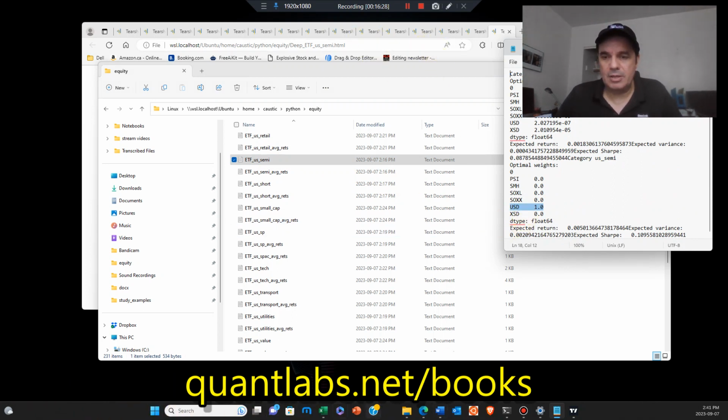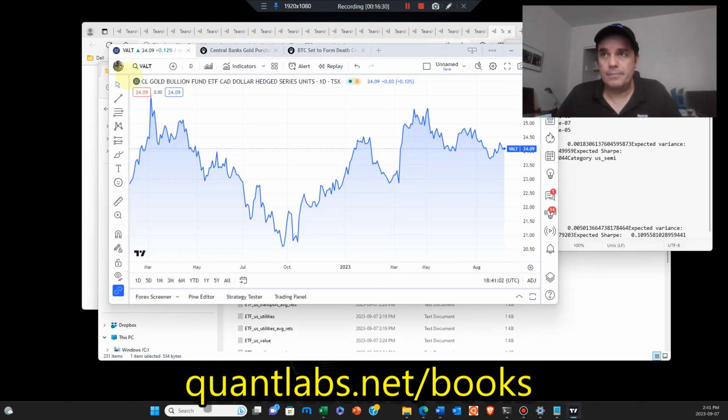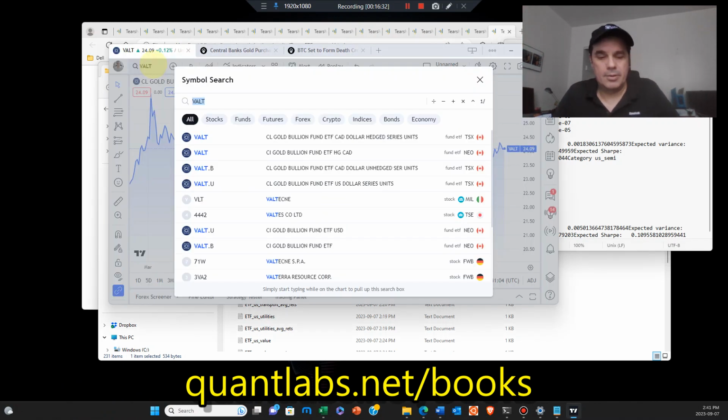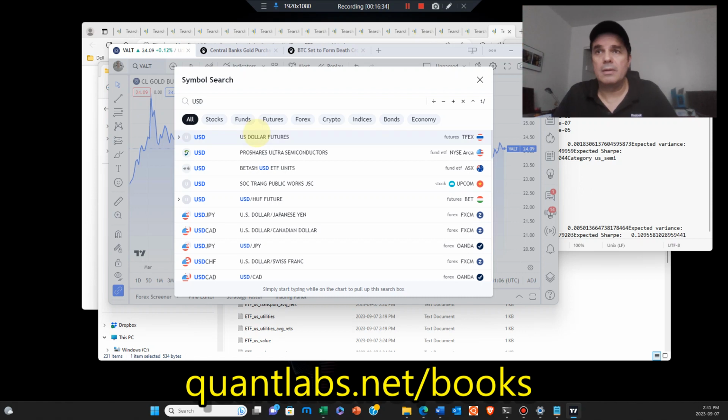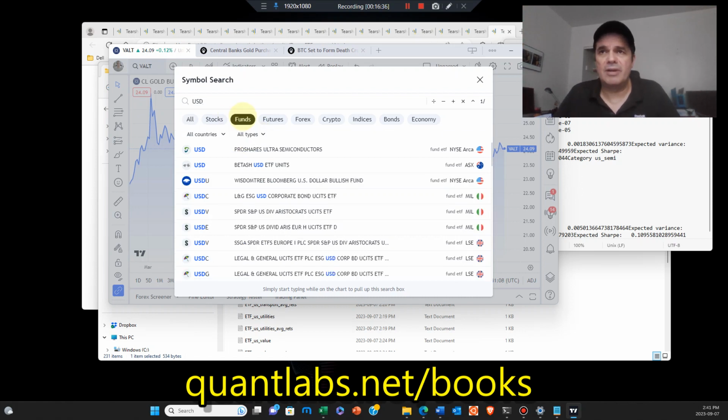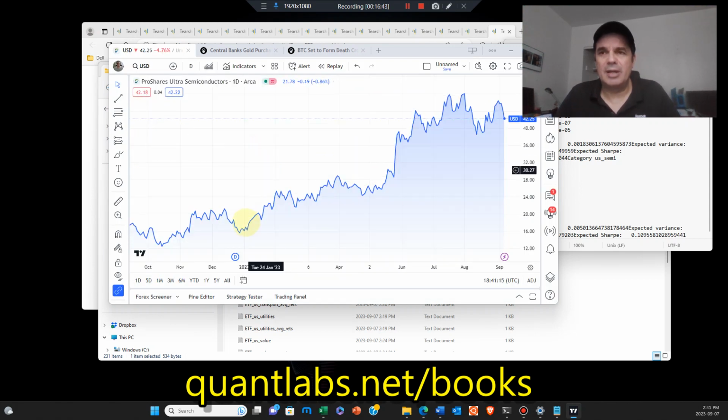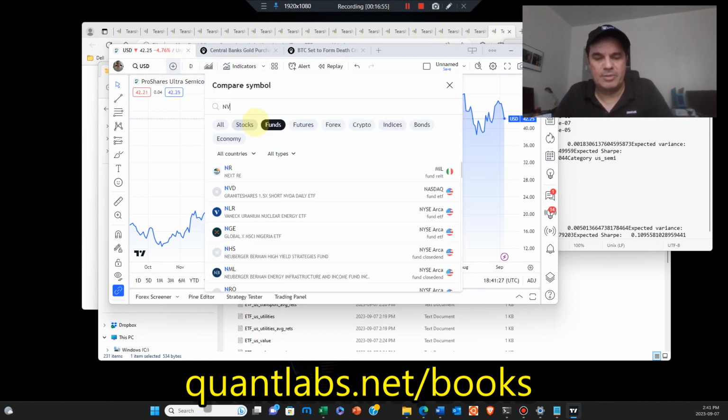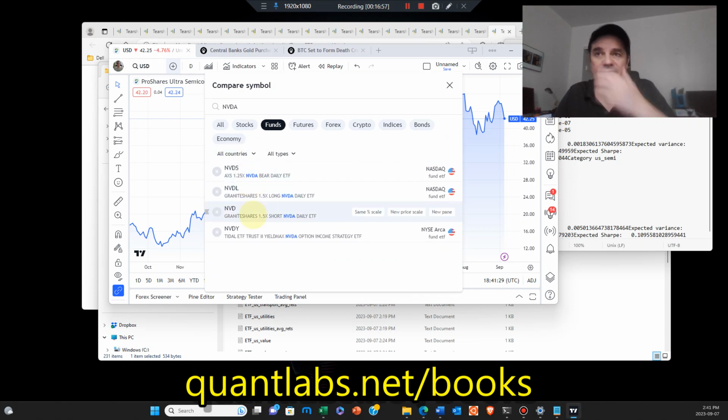So let's check that out in TradingView. USD. Is that right? ProShares Ultra Semiconductor. So these are purely semiconductors. Look at that, nice recovery. Really good ETF. If you compare that to, let's say, NVIDIA, which is one of the top performers, you'll see the difference.